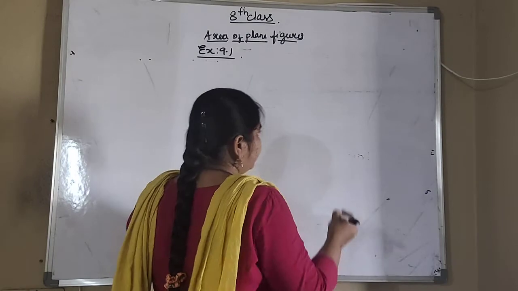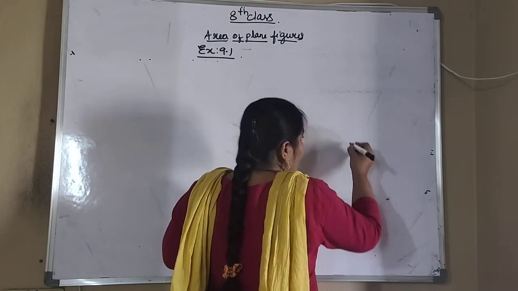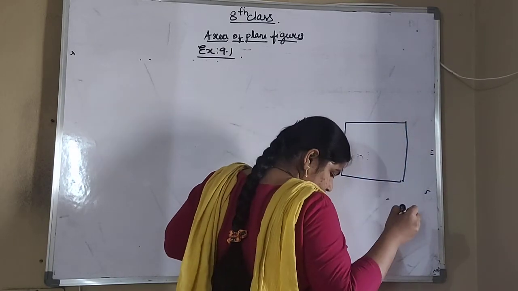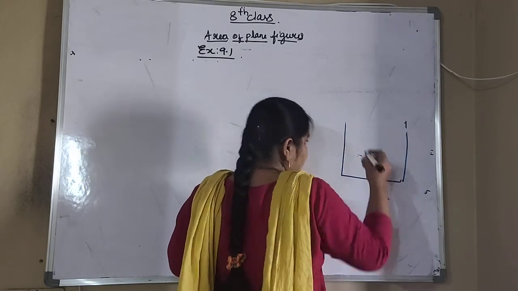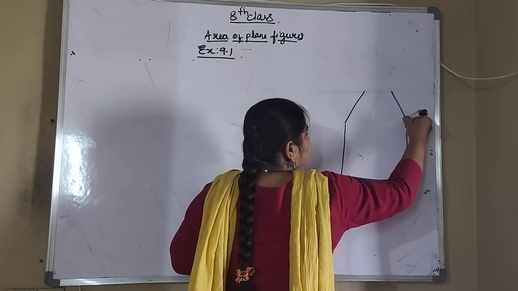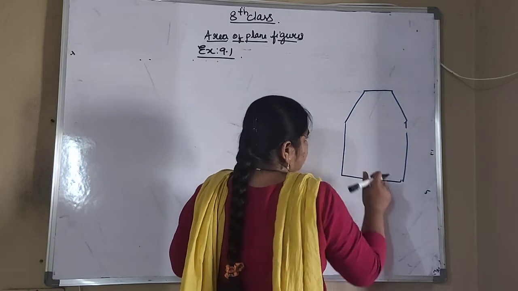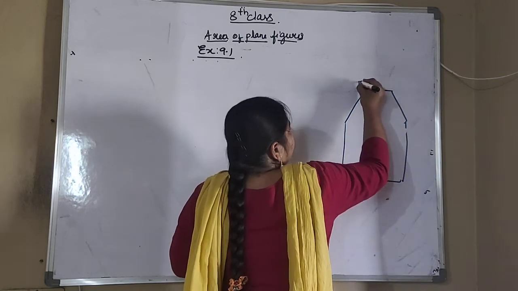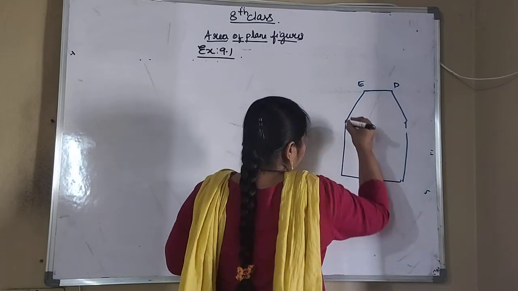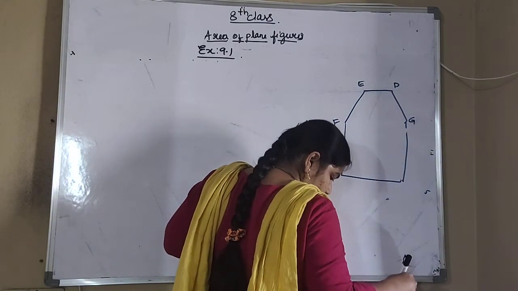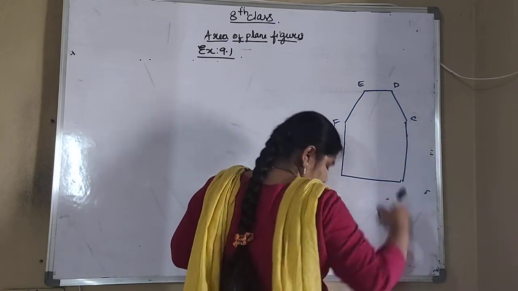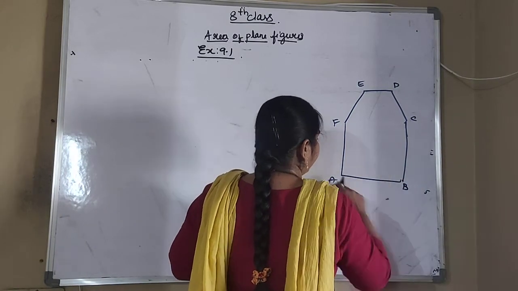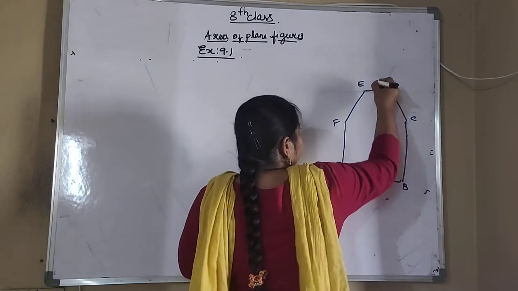So next figure we have to find the area. And here the names are E, D, F, G, C, here A, B, C, D, E, F, and this is 7 centimeters.